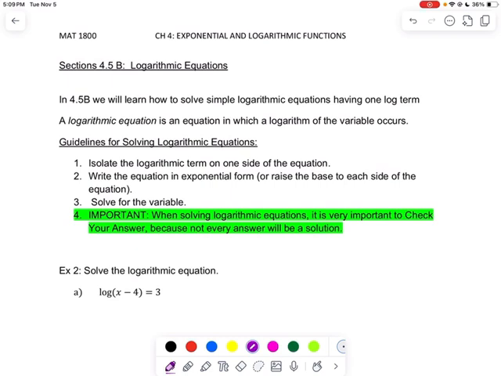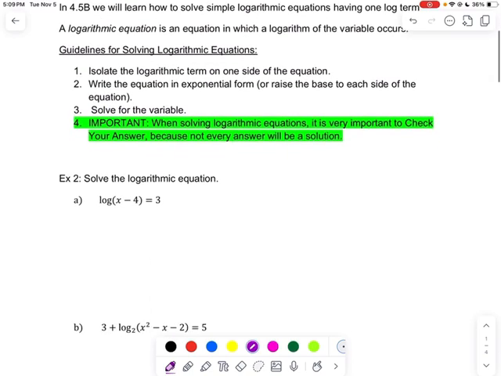So isolate the logarithmic term first, and remember, we are talking about the logarithmic equation in which we have one logarithmic term. So when you isolate it, you will see that you have that log term, and then on the other side you have a number.